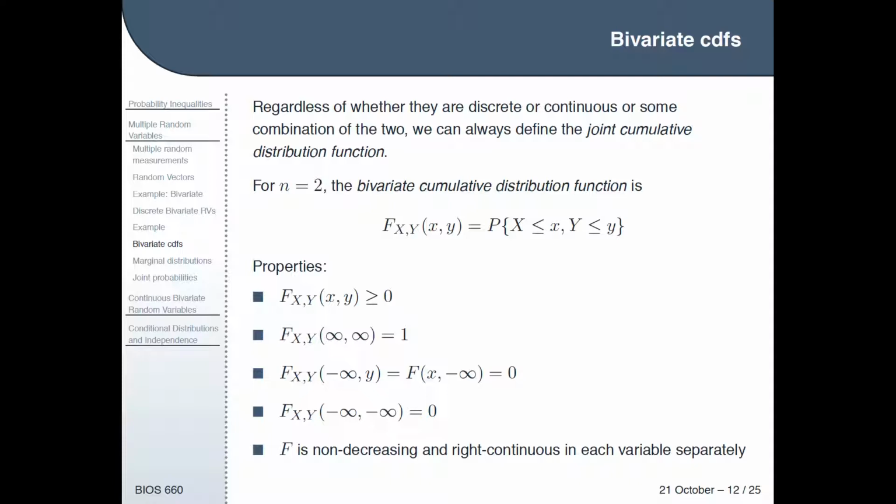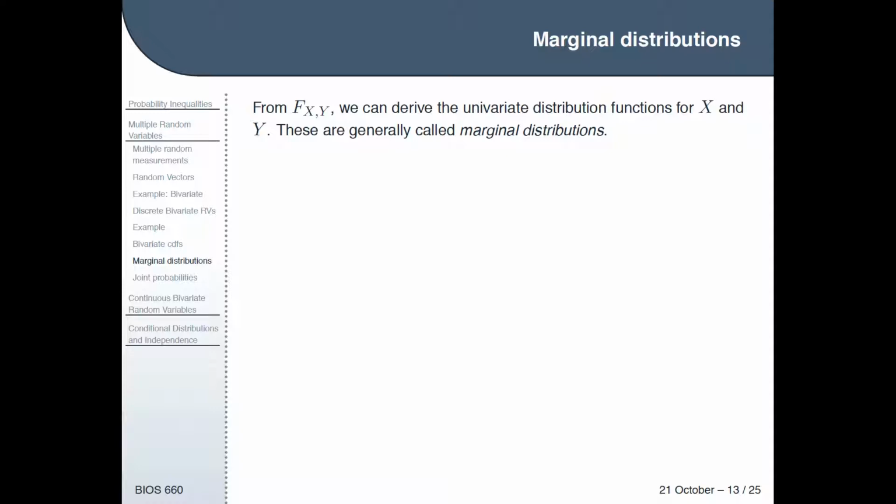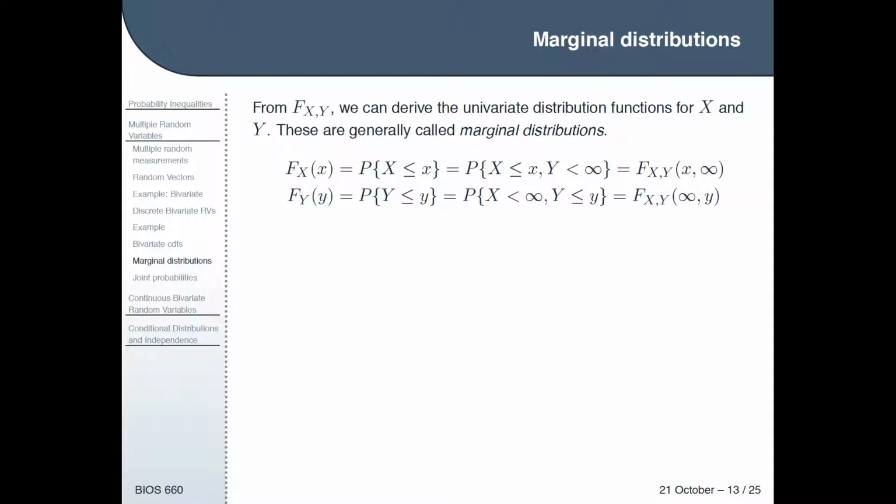And just like a one-dimensional CDF, F is always non-decreasing with respect to both x and y, and it's also right continuous with respect to both x and y. And as I alluded to before, given big F of x and y, you can calculate the univariate CDFs for x and y, which we call the marginal CDFs once again.